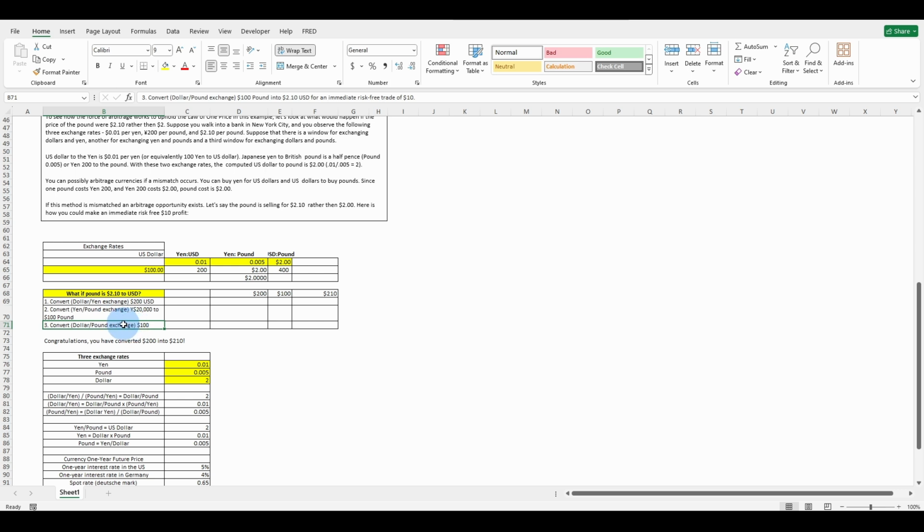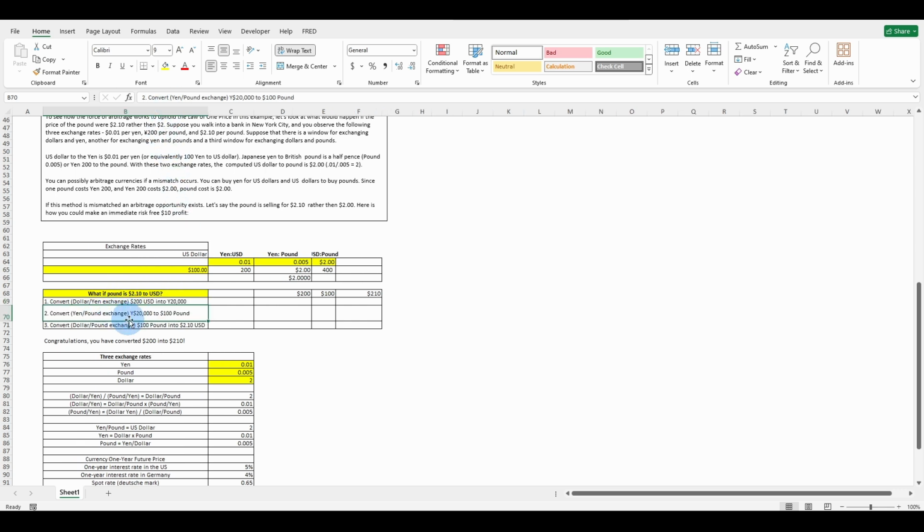It's worth $2 each, but now we're going to convert it into $210 US dollars. What if the pound is $2.10? When we repeat this, at the dollar-yen window, we converted $200 into yen. Then we convert the 20,000 yen to 100 pounds. Then we convert the 100 pounds into $210.